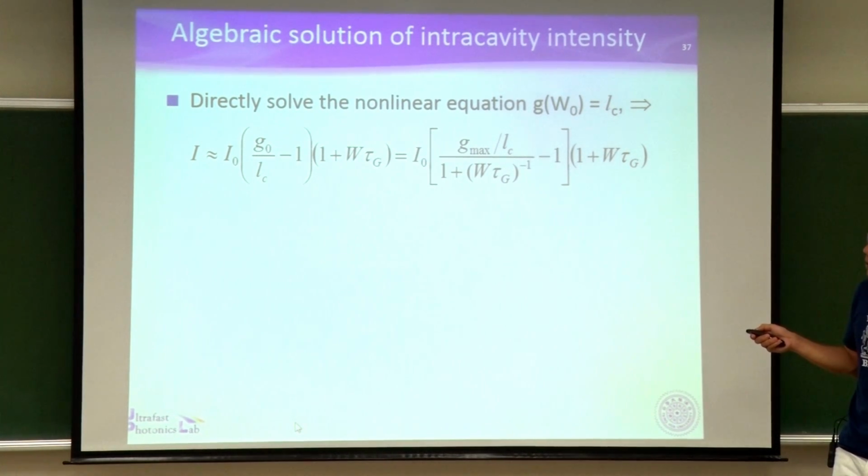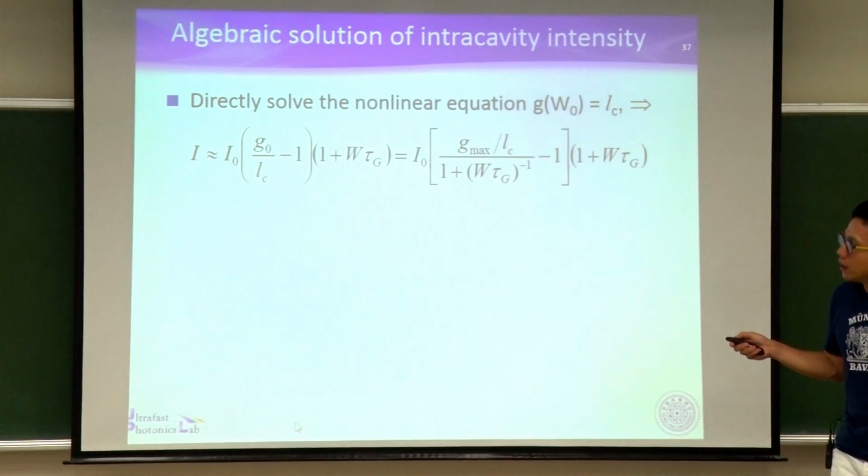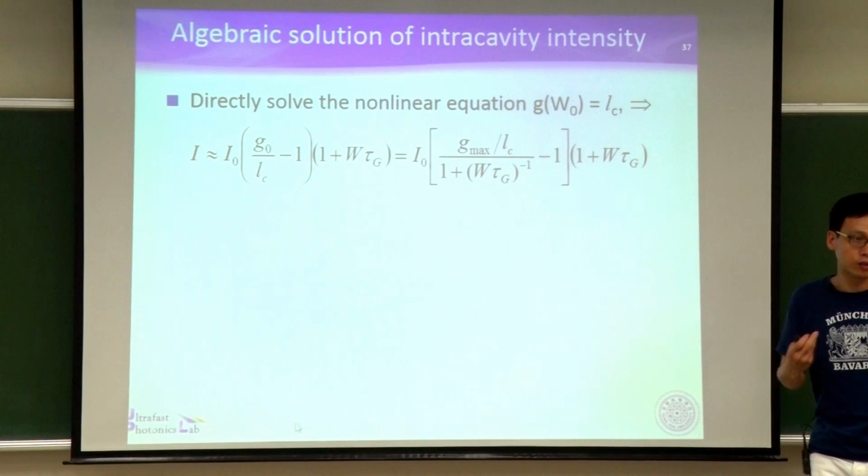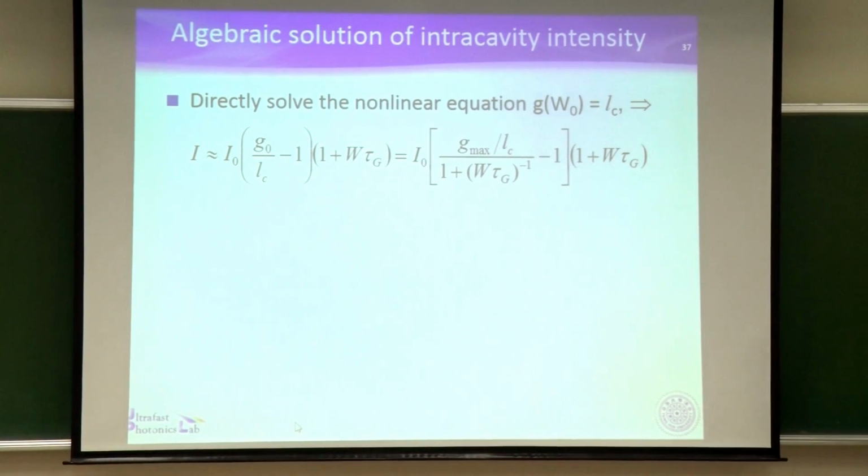Say you can approximate the solution like this, or substituting the formula about G0, you can reach this result. The light intensity is a function of W, the pump rate. It's also a function of the cavity loss parameter, LC. But it's not a very simple formula. It's a nonlinear equation of W, right? You can see W here and here. So this is not a simple proportional relation. But it's the algebraic solution about steady state light intensity.